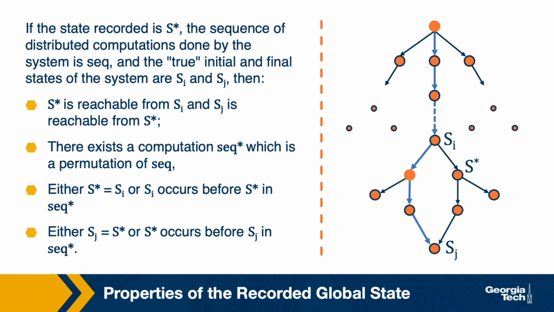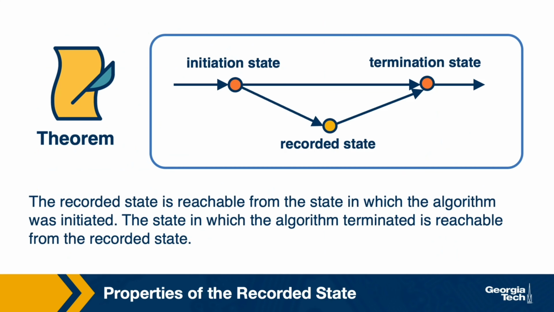The paper goes on to prove a theorem that by following the Chandy-Lamport algorithm, we're guaranteed that for an execution of a distributed system, which takes the system from an initial state to a termination state, the recorded state is such that it is reachable from the state in which the algorithm was initiated, and that the state in which the algorithm terminated for real is a state which is reachable from the recorded state.